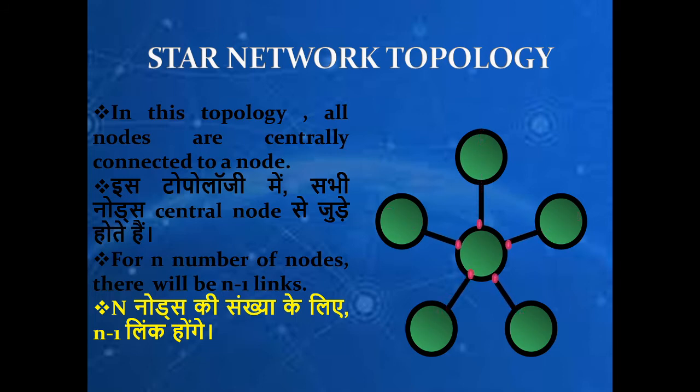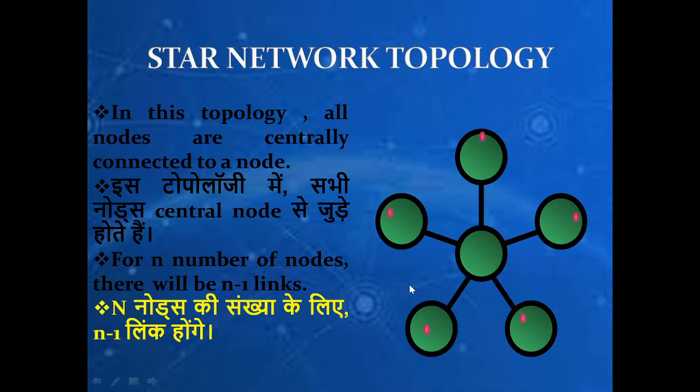If n number of nodes are there, then there will be n minus 1 links. What does it mean? Here, how many nodes do we have? We have 1, 2, 3, 4, 5 and 6, so 6 nodes. As per this formula, 6 nodes means n minus 1, that is 6 minus 1, so 5 links.